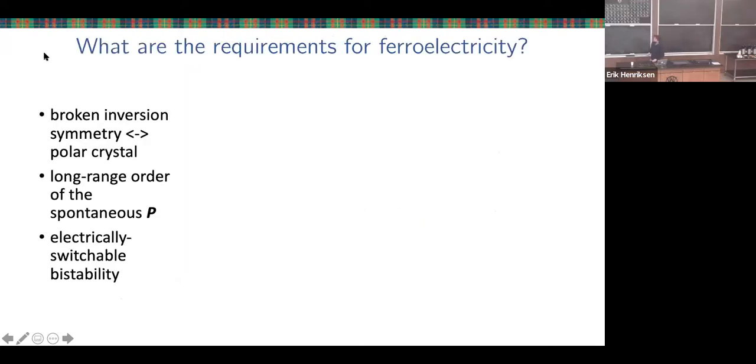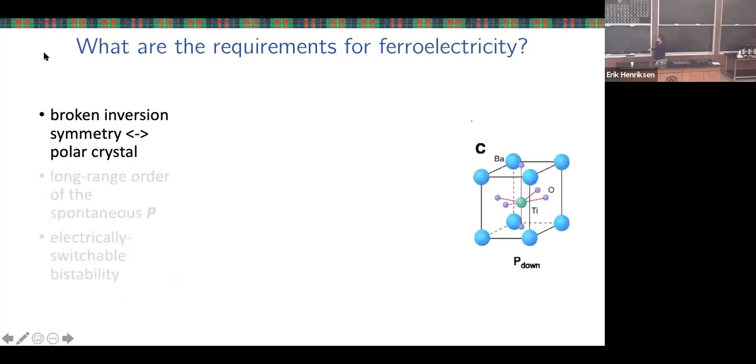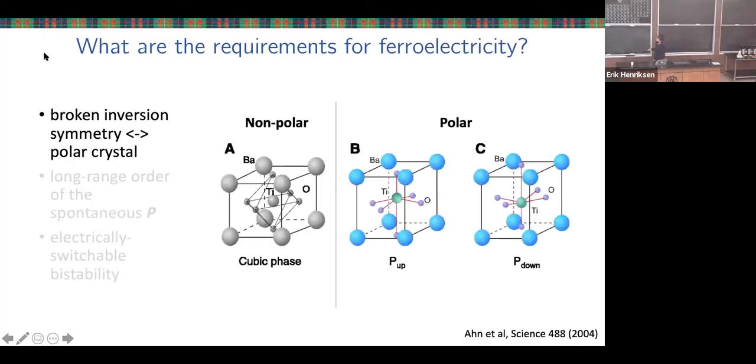Okay. What do you need to get ferroelectricity in a crystal? The sine qua non is the broken inversion symmetry. Okay, you must have this. A broken inversion symmetry is synonymous with having a polar crystal, which is shown here.